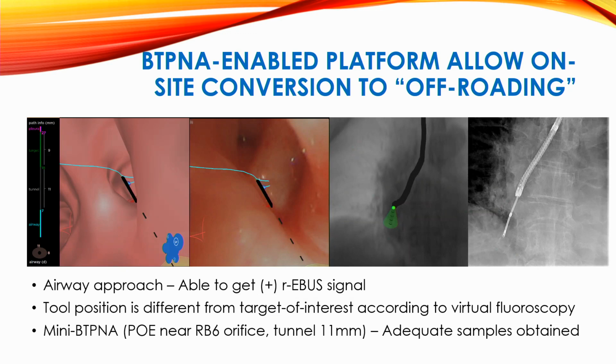And so we converted immediately to the mini BTPNA pathway, and we punctured through at the planned site, went through a tunnel of 11 millimeters, and then we forced the guide sheath through and picked up a signal, and then we did the biopsy there.